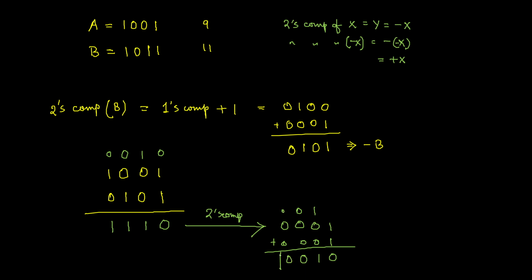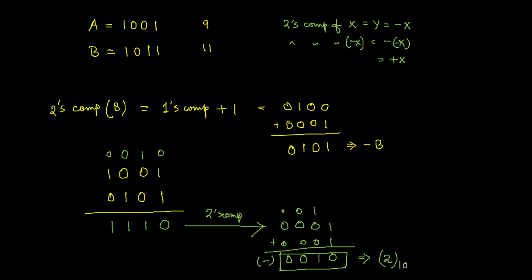So this is the original number whose 2's complement was this one, and this basically has a negative sign. Due to this negative sign, this 0010 was represented as 1110 in a 2's complement form. So what is this 0010? This is basically 2 in binary.